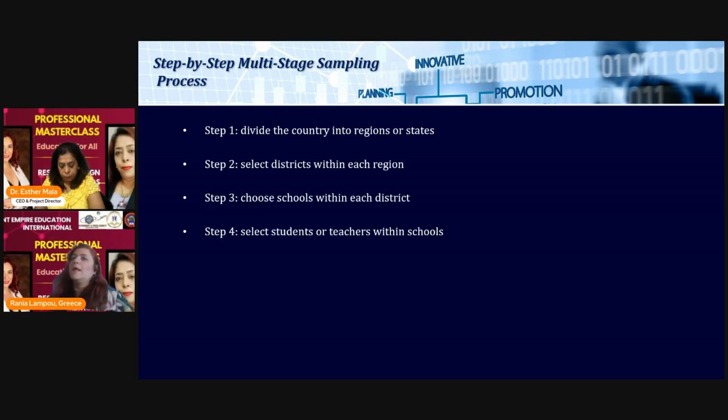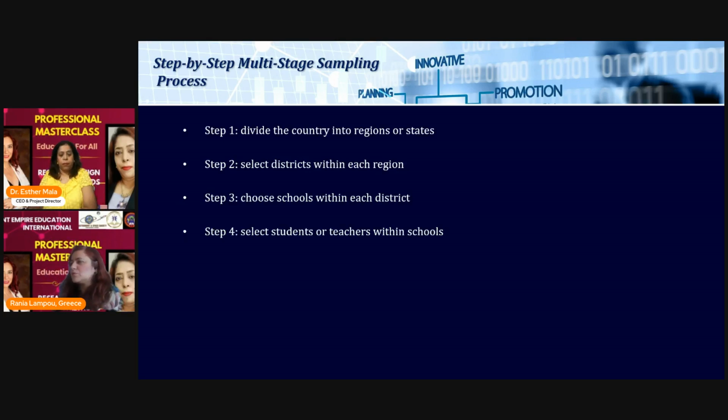Then we select districts within each region. In each region or state, we randomly choose several districts. The number of districts per region may be based on population or school density. The goal at this stage is to capture rural, urban, or semi-urban educational environments.